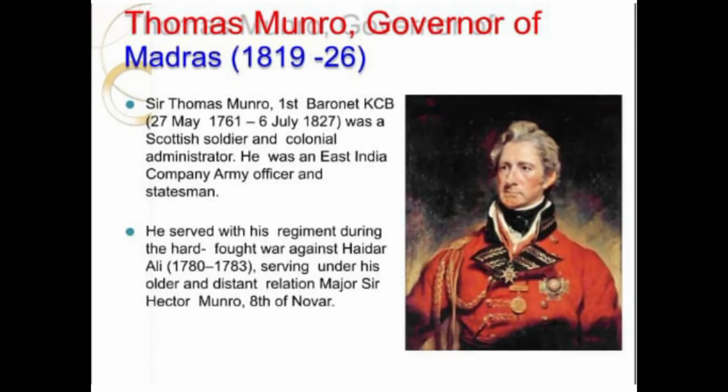This is Thomas Munro, governor of Madras, who introduced the Ryotwari system. He served with his regiment during the hard fought war against Hyder Ali in 1780 to 83, serving under his older and distant relation, Major Sir Hector Munro.